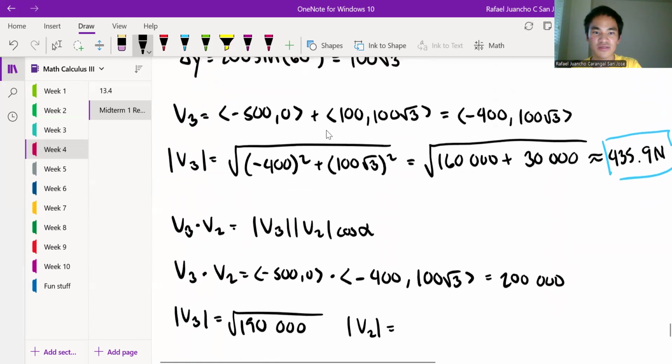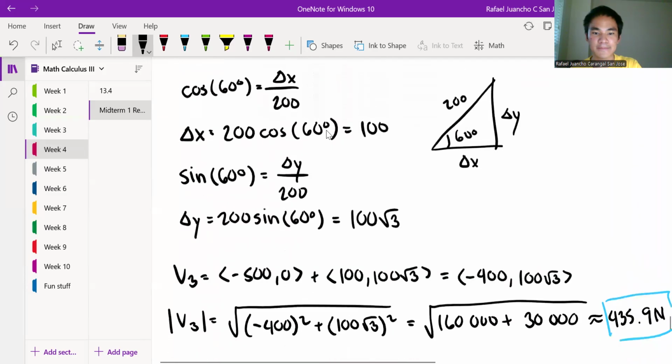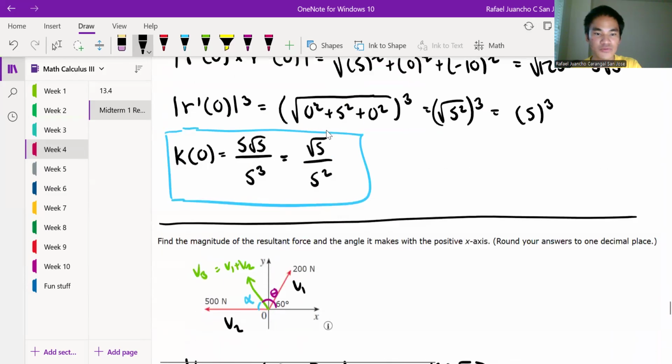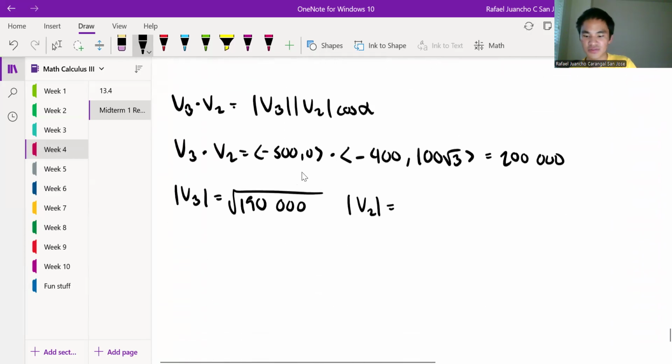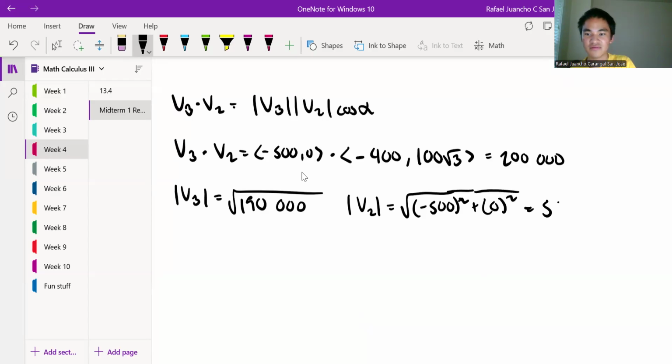Because I just do this. So it's a square root of 500 squared, which is just, I square that thing plus 0 squared. Well, this is just 500, pretty much. And then I have a cosine alpha here.